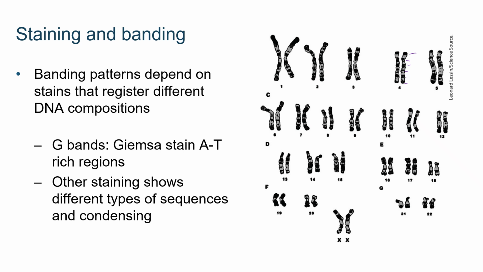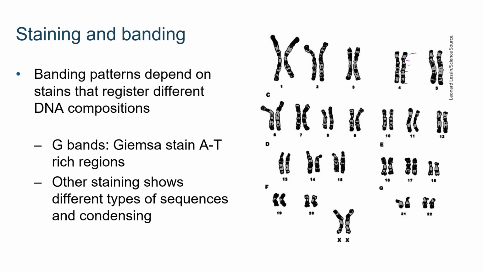These stains do not reflect genes, but they do reflect specific structures within our chromosomes. So their specific sequences are going to allow specific packing, and the more tightly packed, the darker the band we get. So I usually think of the bands as the equivalent of the same gene order, same banding pattern.